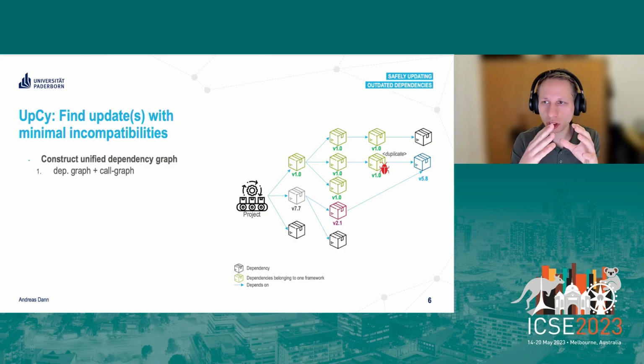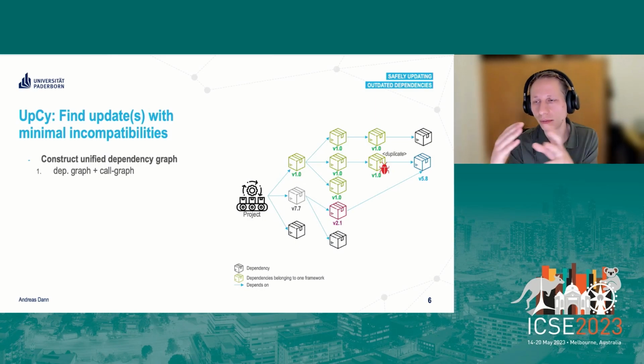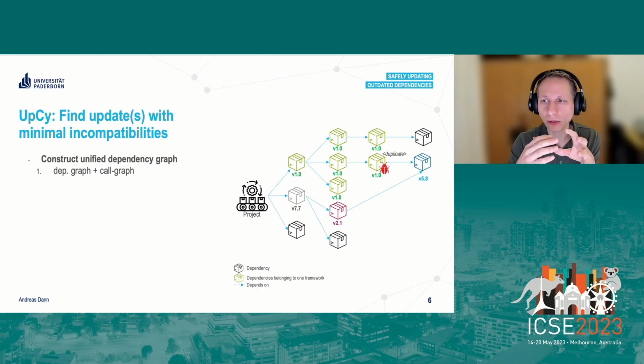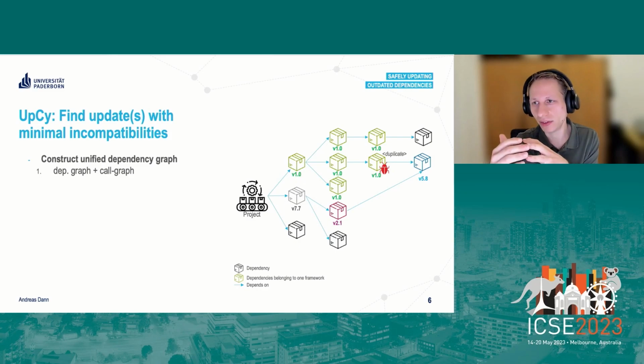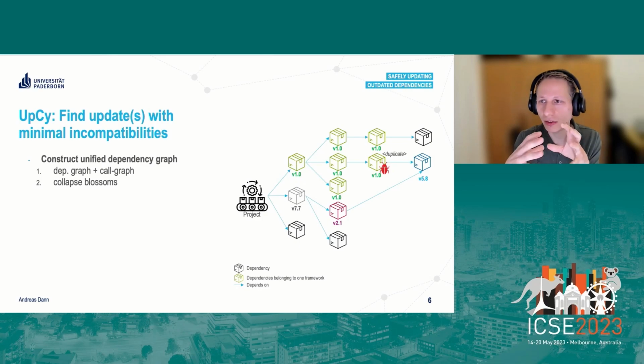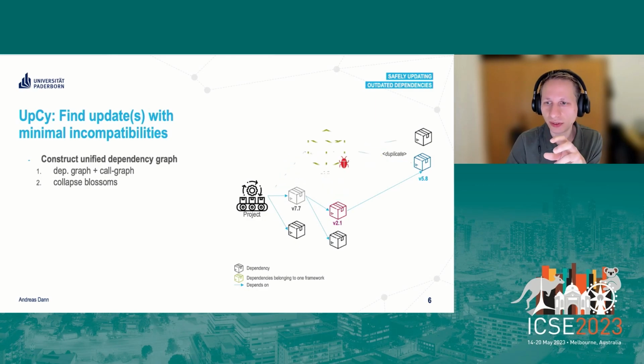And then we merge both graphs into the unified dependency graph. So each edge represents a dependency relation and also the APIs that a library or a dependency invokes on another open source package. And to respect framework dependencies, we actually collapse the different dependencies belonging to a single framework into one single node, so we can update them consistently.